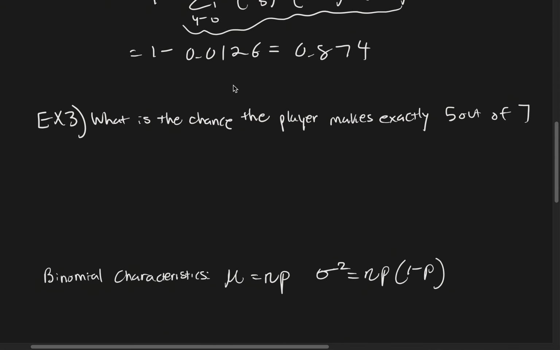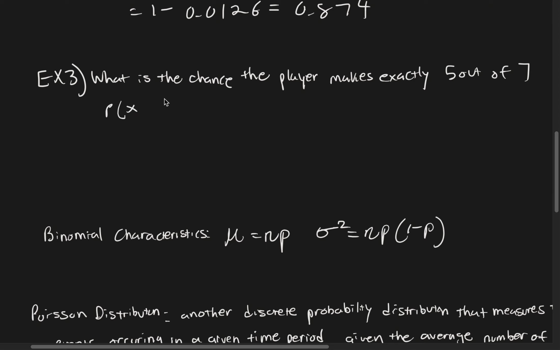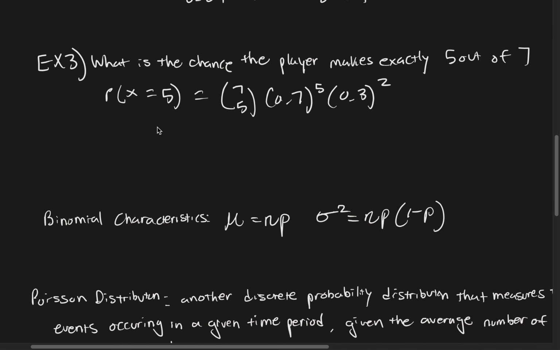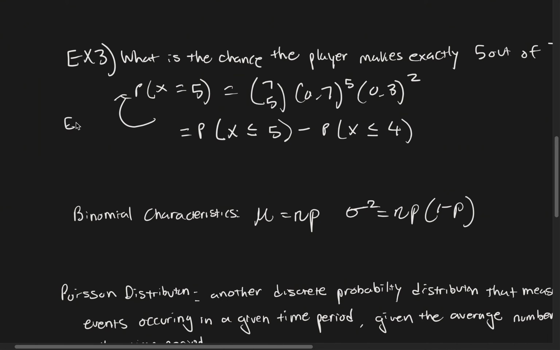All right, finally, what is the chance of the player making exactly 5 out of the 7? So again, if we write that in a mathematical notation or formula, we can actually write that as the probability of the shots being less than or equal to 5 minus the probability of the shots being equal or less than 4, because that is the difference and we're trying to find the exact probability.